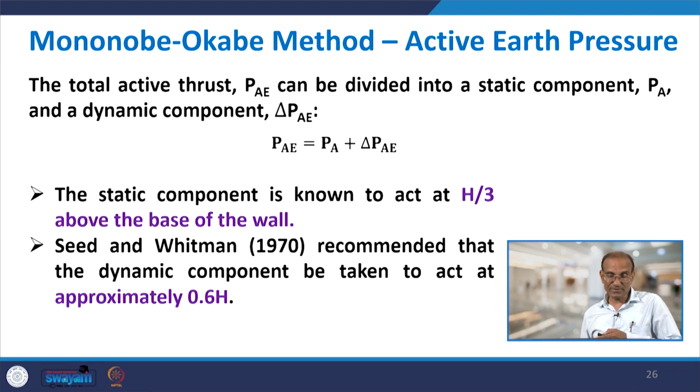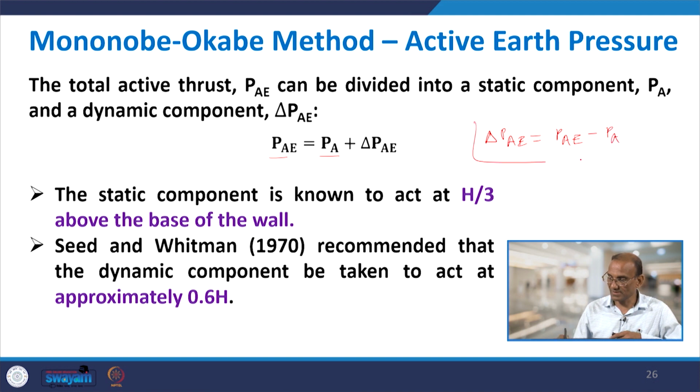For that, we need to divide the total thrust into the static component and the dynamic component. We already calculated the values of PAE and PA from static conditions. So, we find delta PAE using this equation, which is simply PAE minus PA.